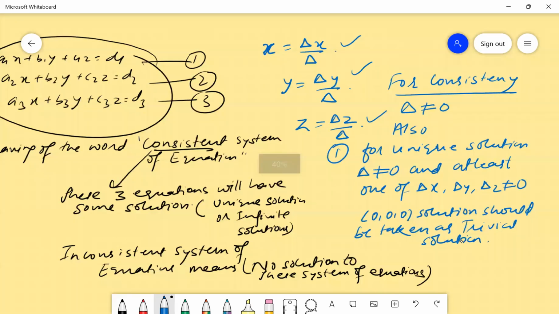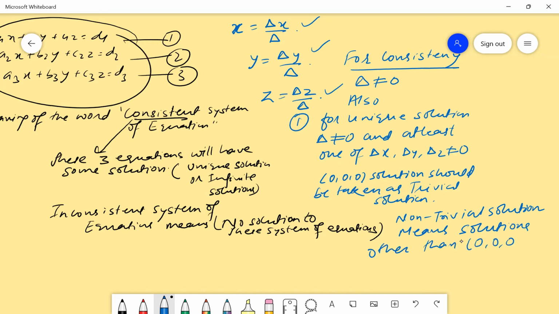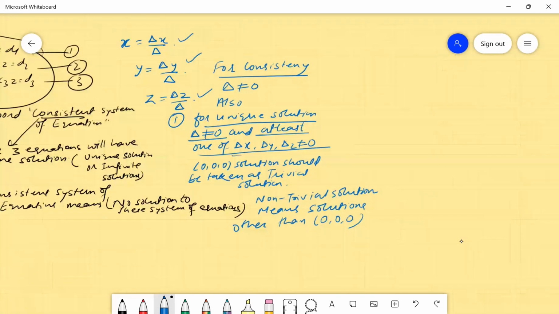And if somebody will ask you what is the meaning of non-trivial solution, then non-trivial solution here in this case means solutions other than 0, 0, 0. So I'm talking about this other than 0, 0, 0 unique solution, and for this, delta not equal to 0, and at least one of delta x, delta y, delta z not equal to 0.